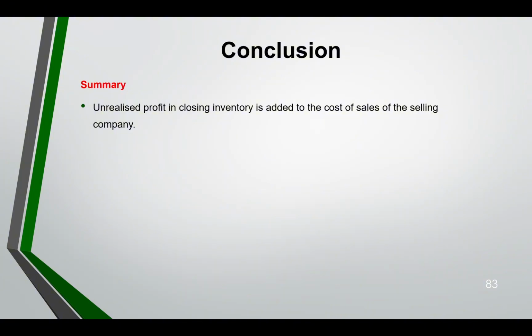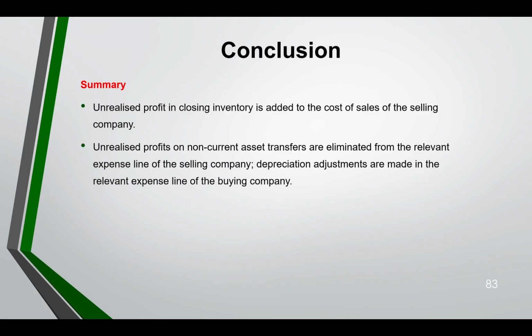Unrealized profit you will add to the cost of sales of the selling company, the one who is selling. Unrealized profit on this is for closing inventory. Unrealized profit on non-current asset transfer you will eliminate from the selling company, and the depreciation adjustment will be made for the buying company.